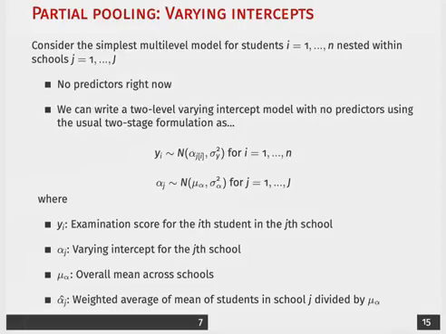So this allows us to determine how much individuals from schools are impacting the overall result. So this is why I was talking before about how we are going to use information from other schools to help us model the variance across schools as well as within.